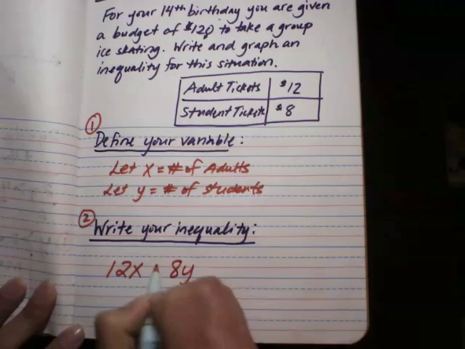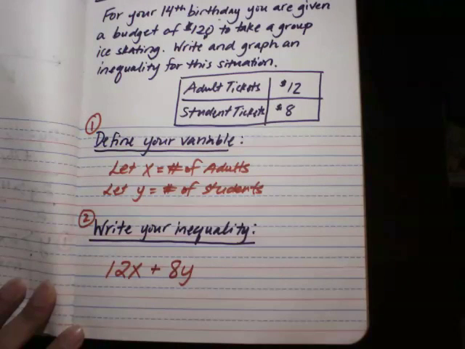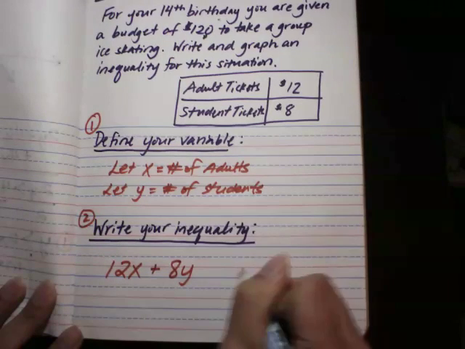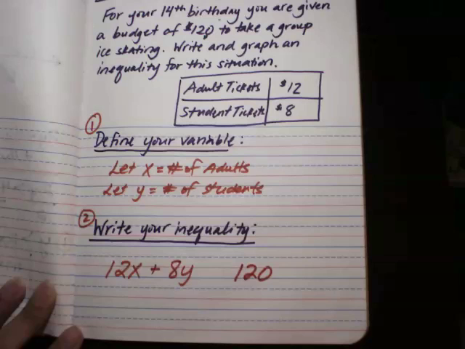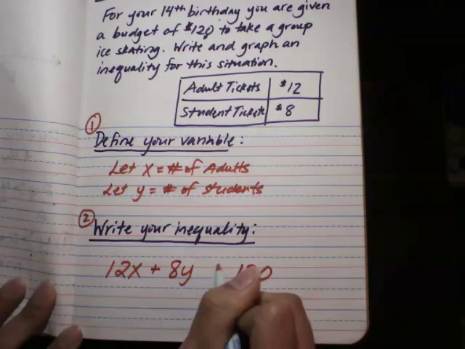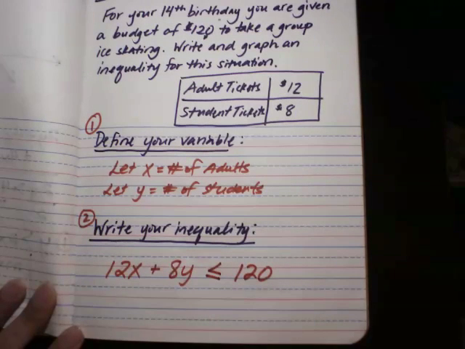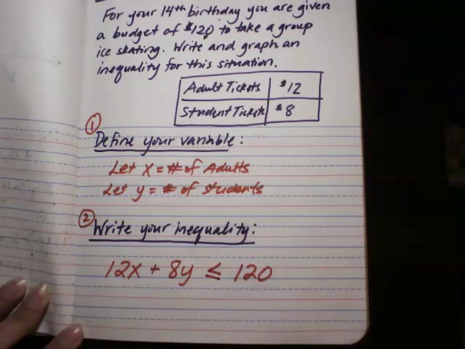If we add this together, this is how much you would have to pay for the entrance. And you only have a budget of $120, so you can't go over that budget. You can meet that budget, or you can go under that budget, so less than or equal to, or else you're not going to have enough money. Here we have written our inequality.